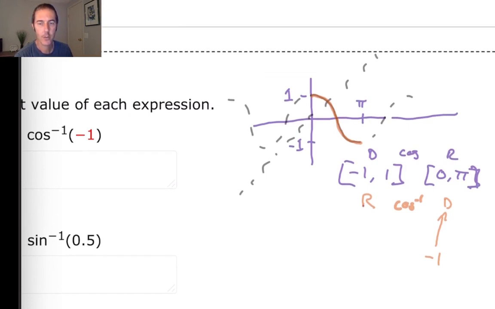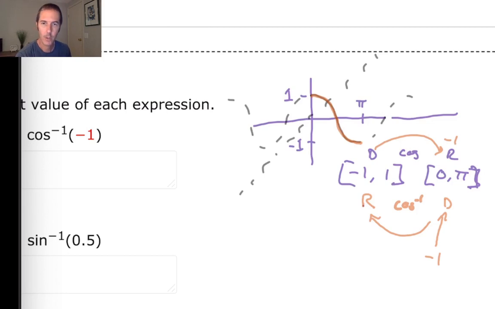The question is, what then does it map to in the range for the inverse cosine function? Well, because this is a one-to-one function, it's going to map to the same range value that would normally have been a domain value mapping over here to the number negative 1.